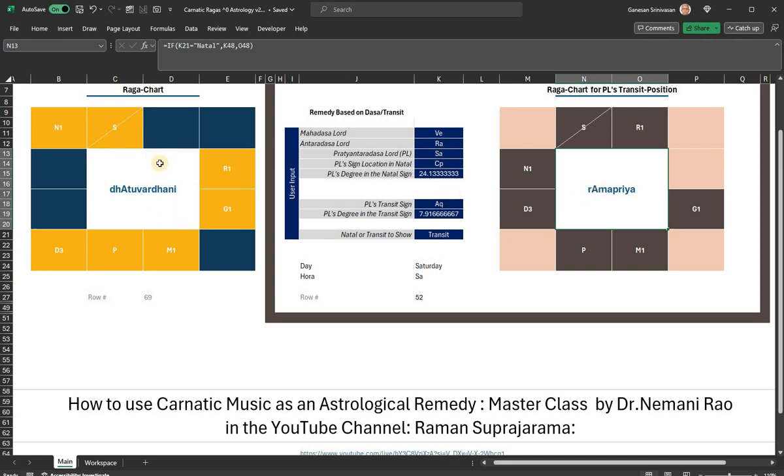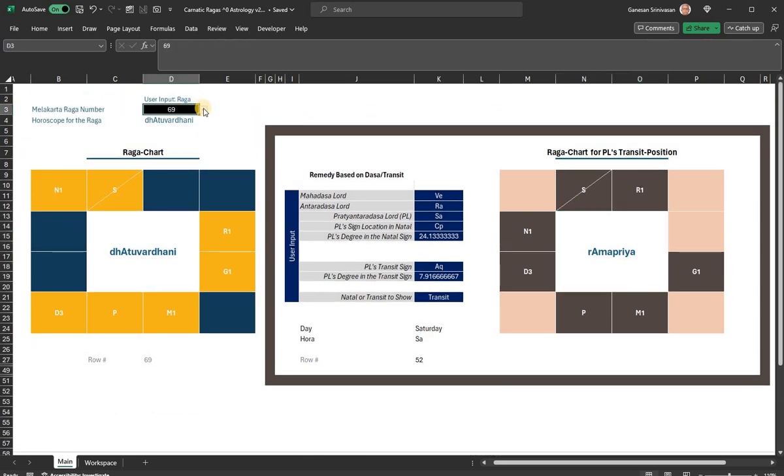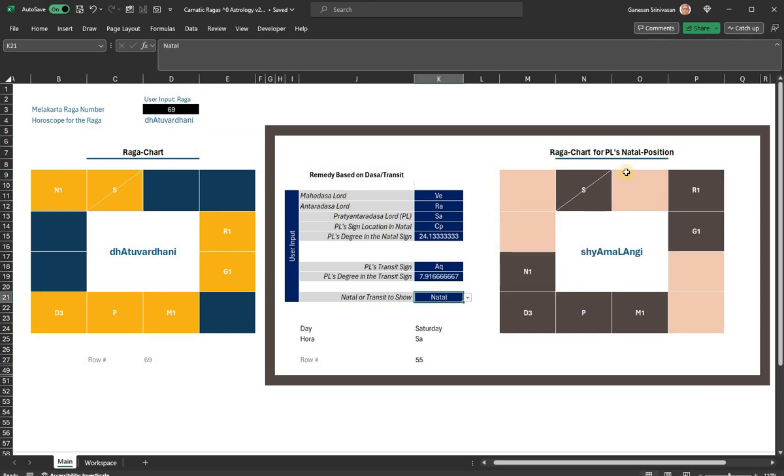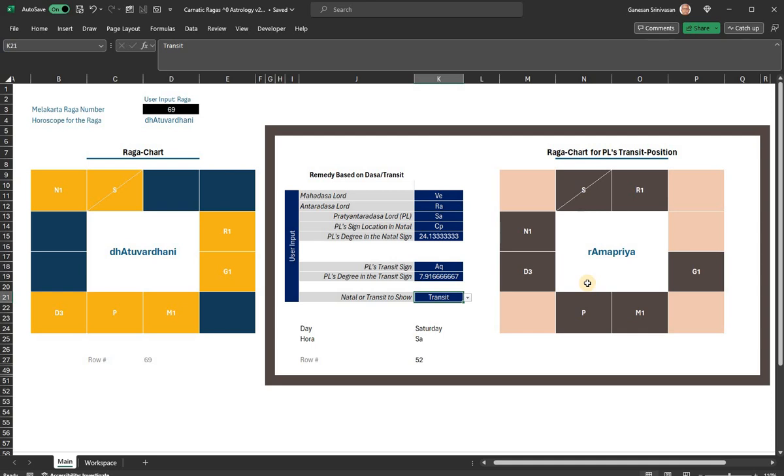So this chart is for all the 72 Melakarta Ragas. So you can choose any of the 72 Melakarta Ragas. Whereas this chart is specifically for your natal or transit position of the Pratyantara Dasa Lord. So if you choose natal, immediately this turns out to be natal. So if you choose transit, this turns out to be transit.